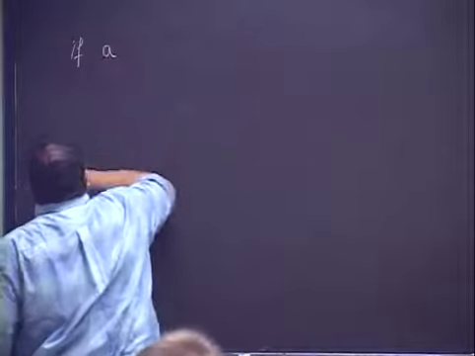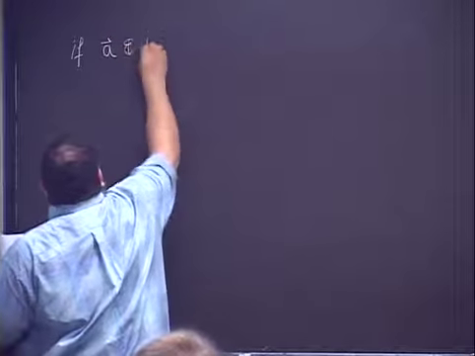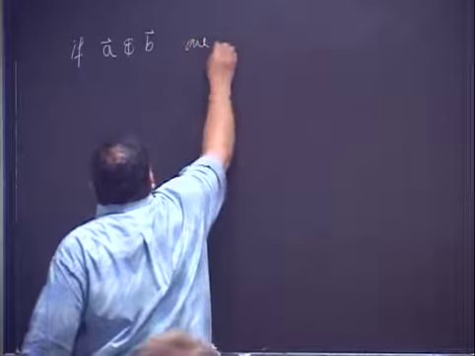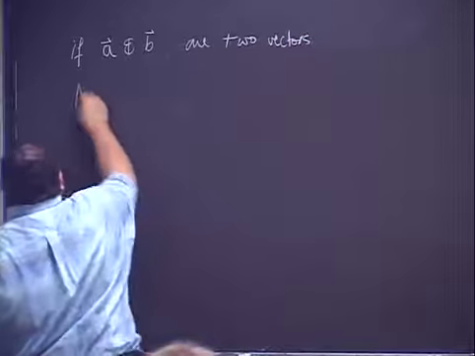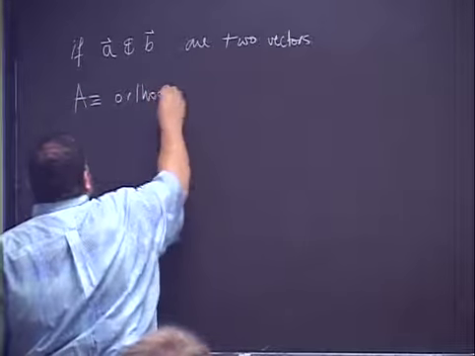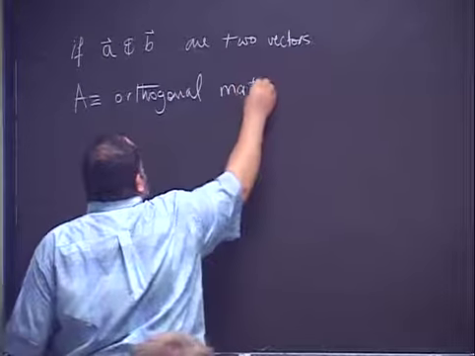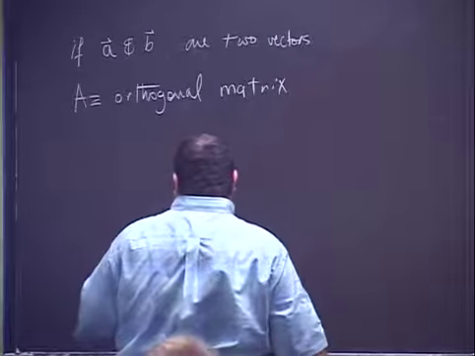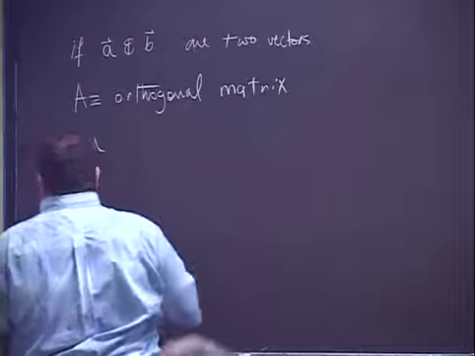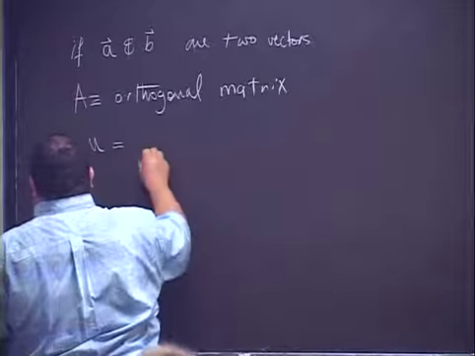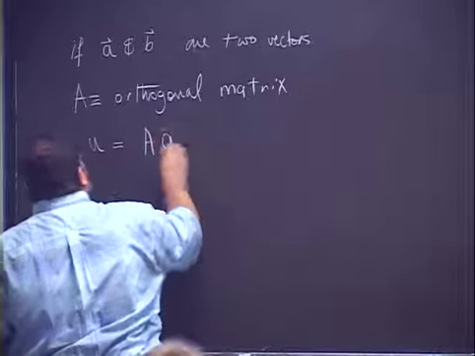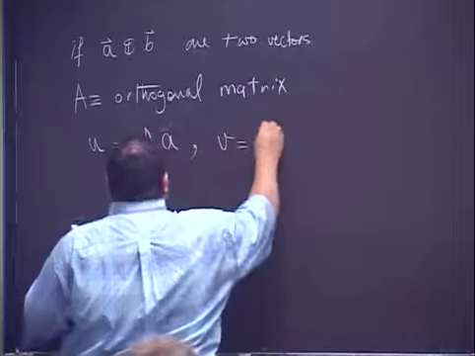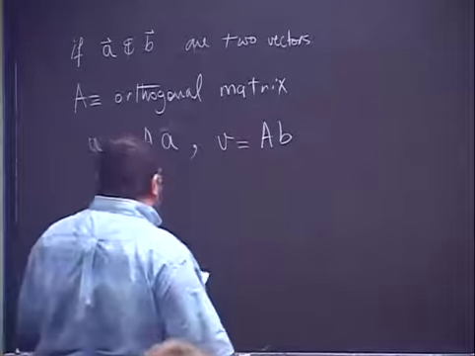Just to conclude last time's lecture, if we have a vector a and another vector b, those are two vectors, and A is an orthogonal matrix, and we have another two vectors, u equal to the orthogonal matrix applied over the vector a, so u equals Aa, and v equals the same orthogonal matrix operated over vector b.